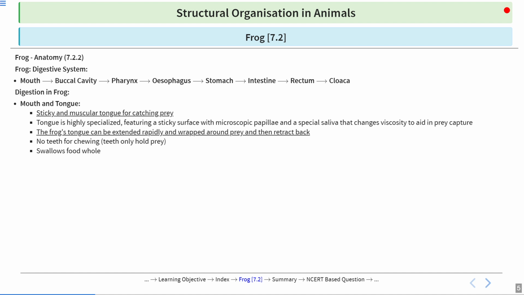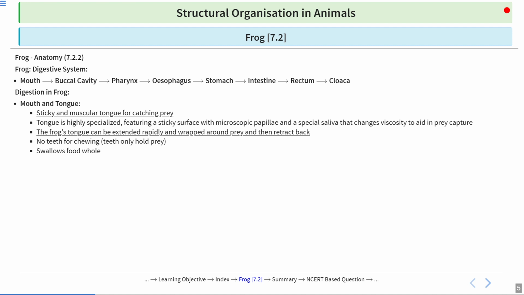The first thing: sticky and muscular tongue for catching prey. It's a very unique thing that we see in the case of frog, that the tongue is highly muscular, and it is stretchable as well. Right? And it is sticky.